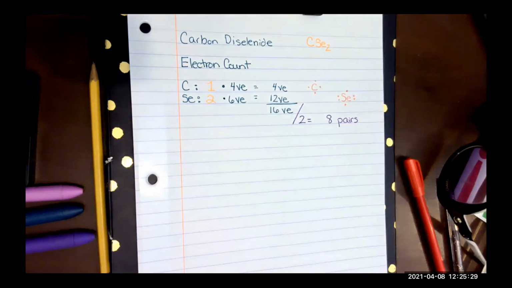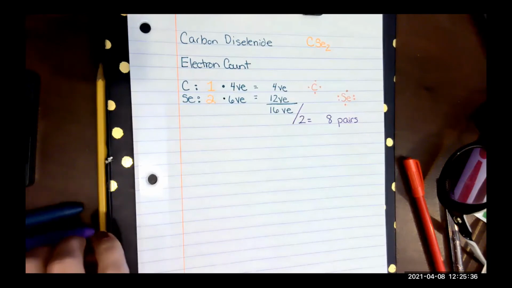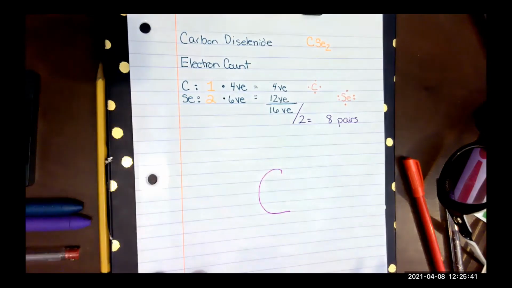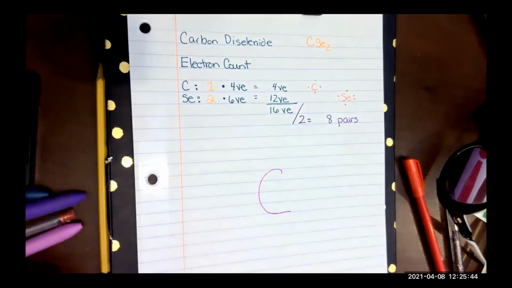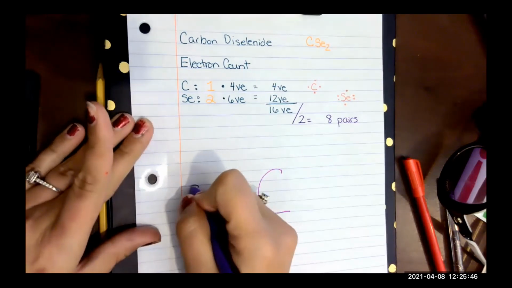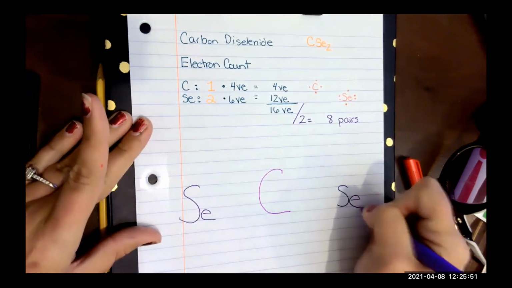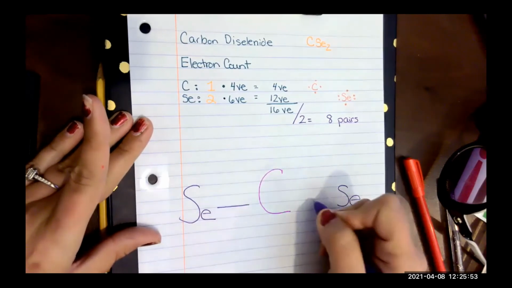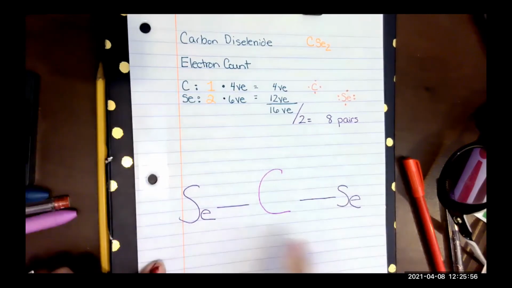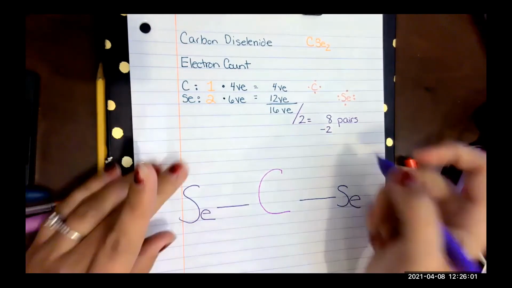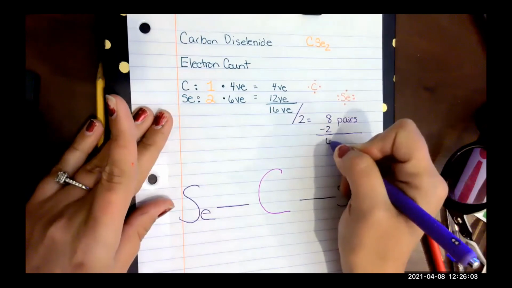Carbon has the most potential for bonding, so carbon's going to go ahead and go in the middle, with a selenide on each side. And now that we've drawn those, we're going to go ahead and draw a line between all of them because that's the first thing you do. So you subtract 2 because each line is 1 pair, and we end up again with 6 pairs.